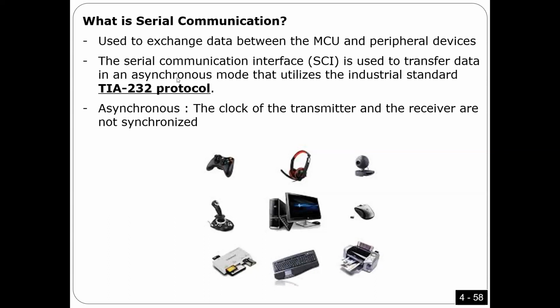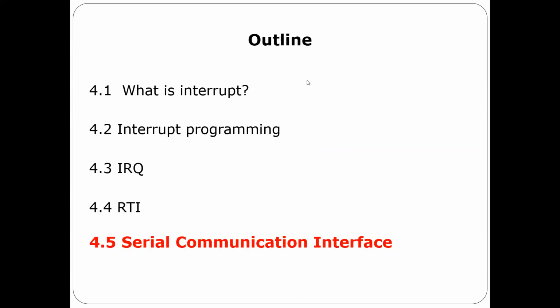If you have some background in communication, this communication is asynchronous. Asynchronous means there is no clock. The clocks of the transmitter and the receiver are not synchronized, which means both of them don't have the same clock. That's why in communication you need to use some techniques to achieve synchronization. Is that okay?